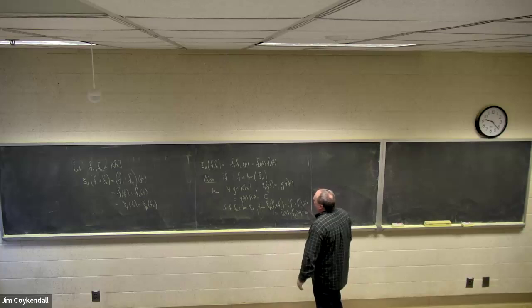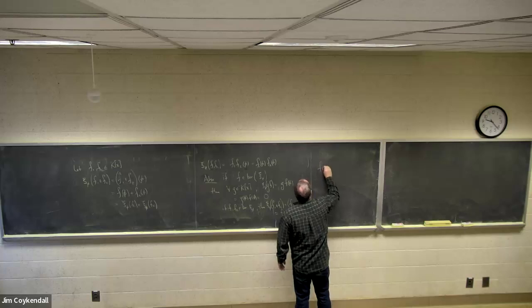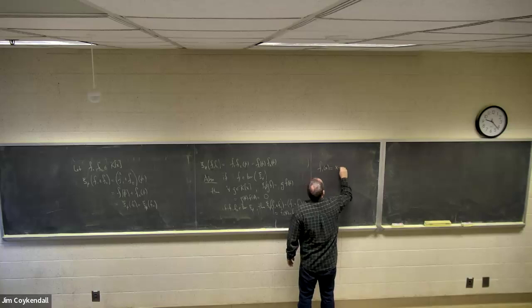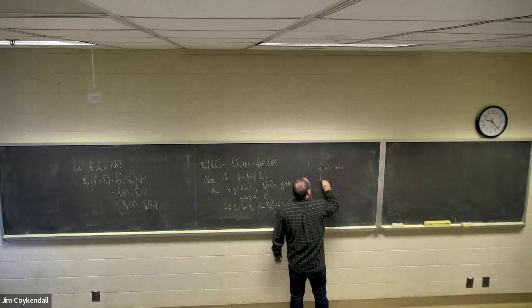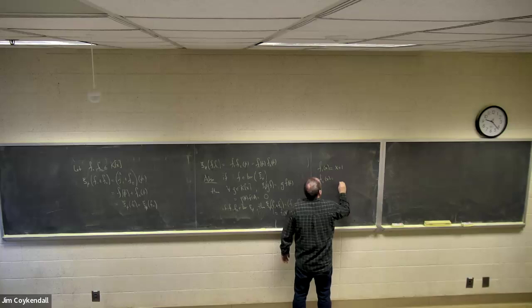But, so for example, let's give concrete examples of how it works. Let f1 of x be x plus 1, and f2 of x be x plus 4.